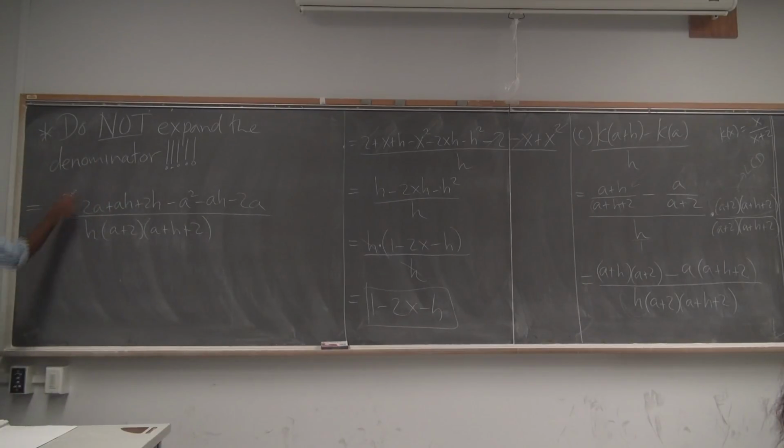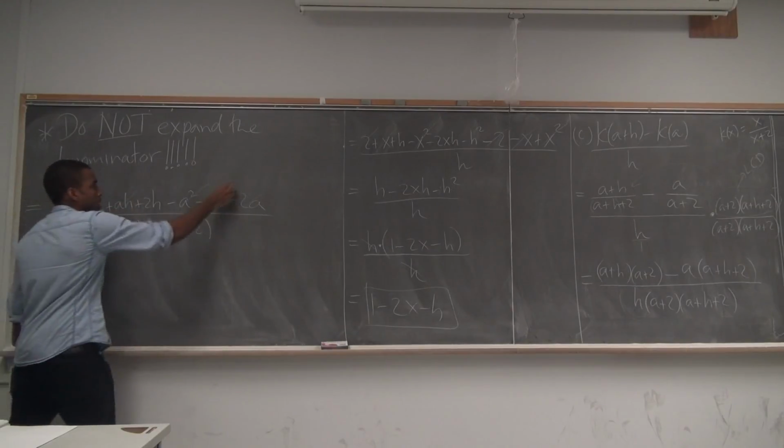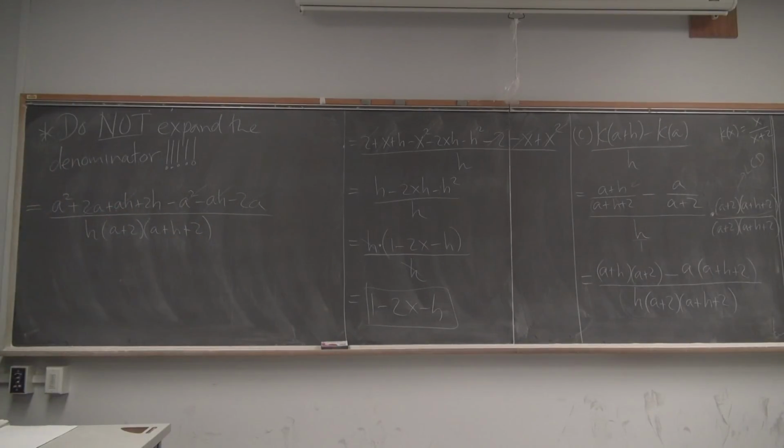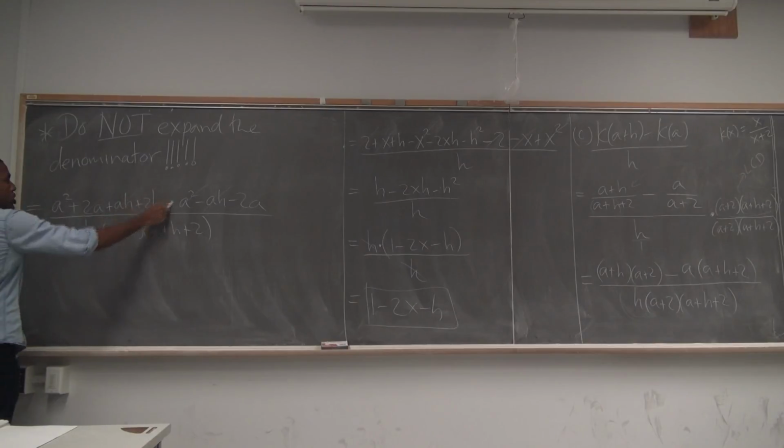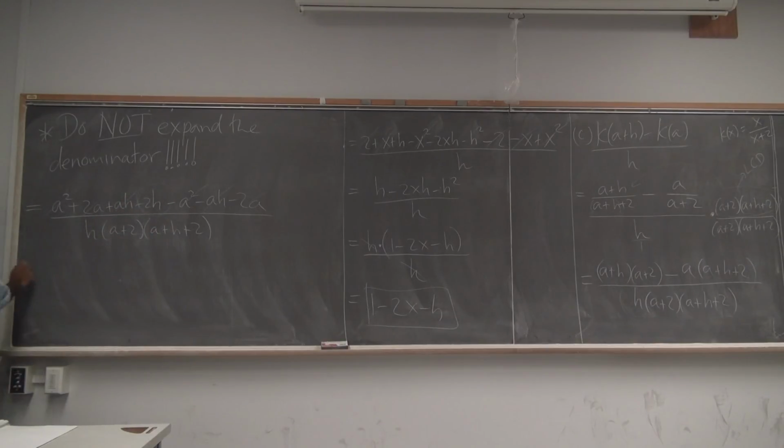2. And now the a squares die, the 2a will die, the ah will die. And so on the top, the only guy I have left is 2h. I'll write down the exercise.